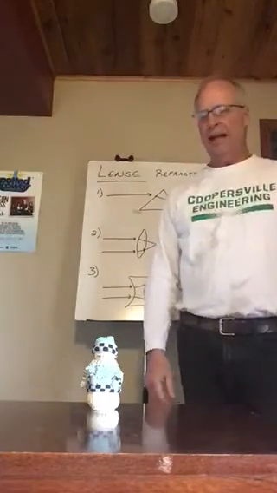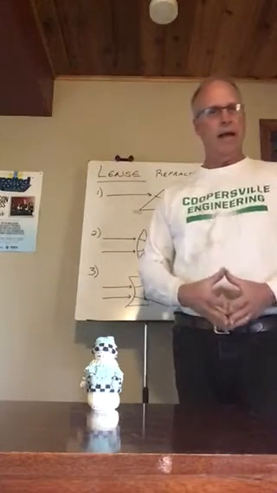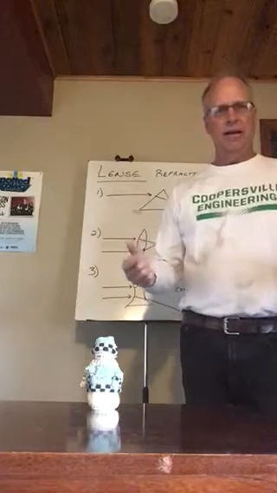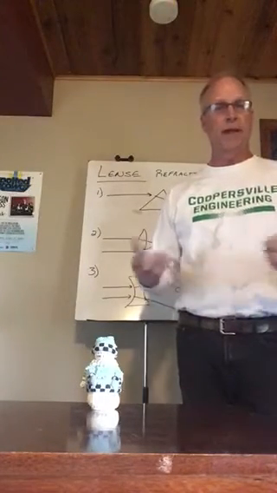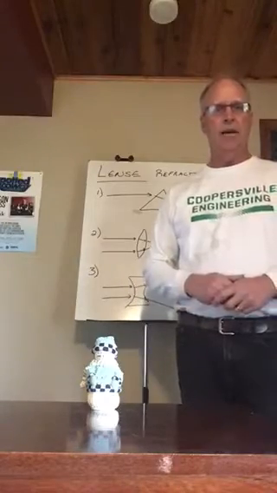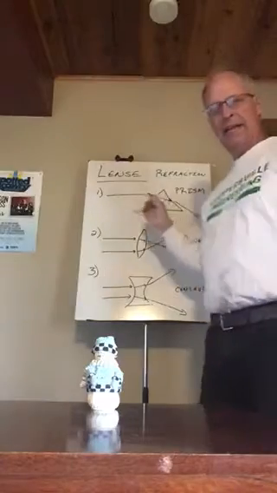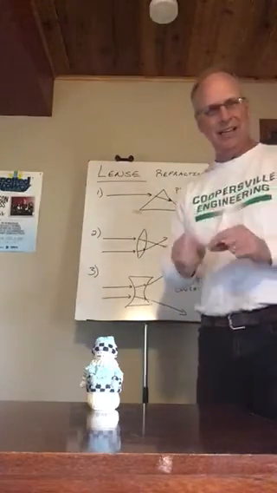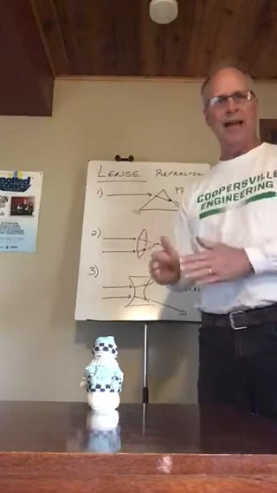But you can also get online and YouTube mirrors and lenses and see if you can do some experiments. You could make a rainbow with a prism and explain how the light passes through, and when it bends, each color bends a little bit different because it's a little different frequency. And if you remember the velocity of a wave, it's wavelength times frequency.